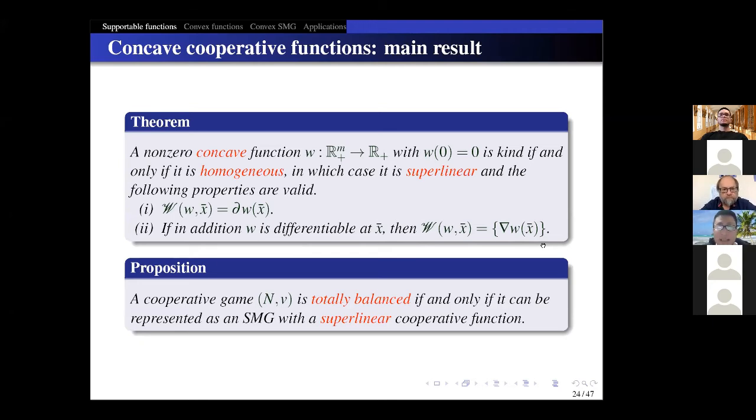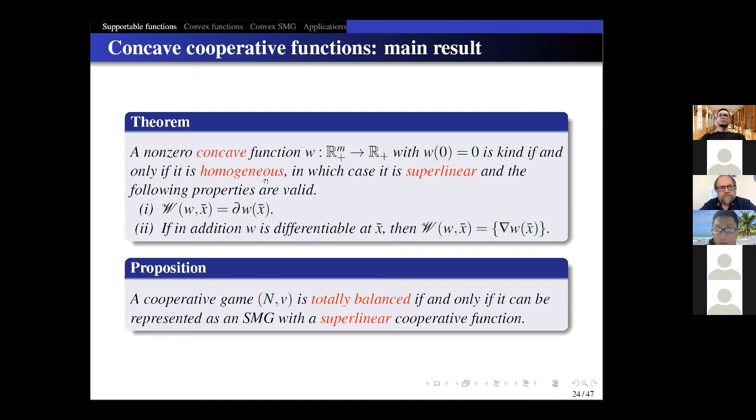You may wonder whether this class of functions, concave, superadditive and also homogeneous, may be a very narrow class of functions. In some sense, you are right. Yes, it is quite narrow, but in some other sense, we can show that this set of functions is wide enough.